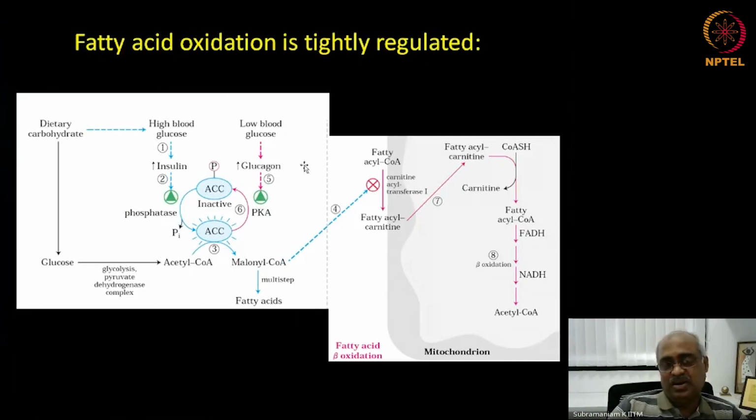So this is how high blood glucose and low blood glucose, by regulating the production of these two hormones and controlling this activity by covalent modification like phosphorylation or dephosphorylation, control fatty acid synthesis and fatty acid oxidation. What I really want you to focus your attention on, after having understood this part, is the connection between carbohydrate and fat.